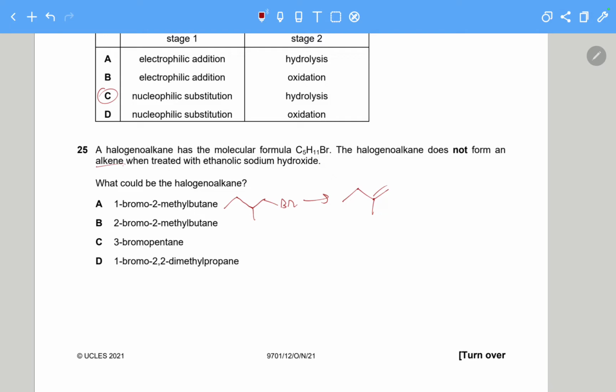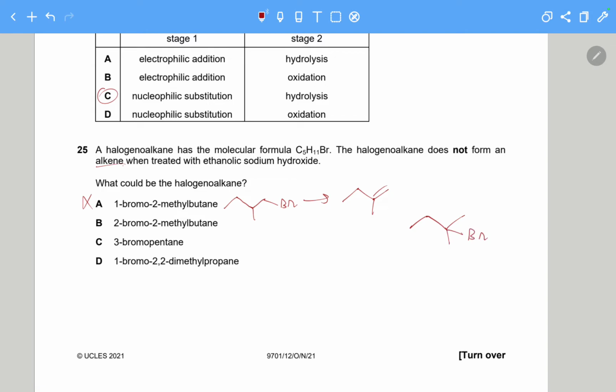So this is possible here, and therefore an alkene is forming, so this cannot be the correct answer. Option B, 2-bromo-2-methylbutane. I'll draw it further out so that it doesn't clash, and that's CH3, CH2, C, CH3 whole twice and Br.